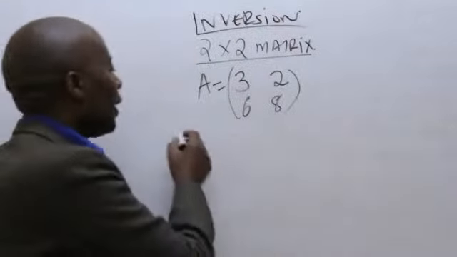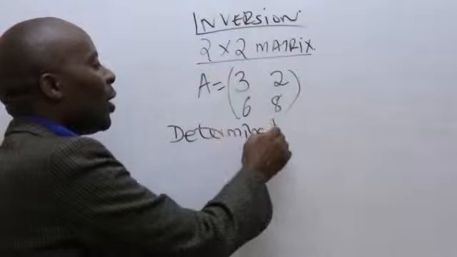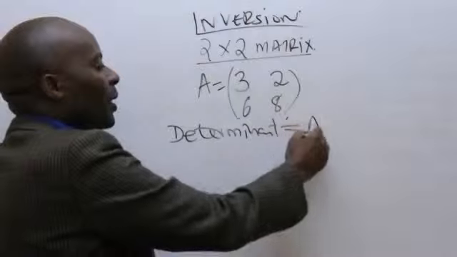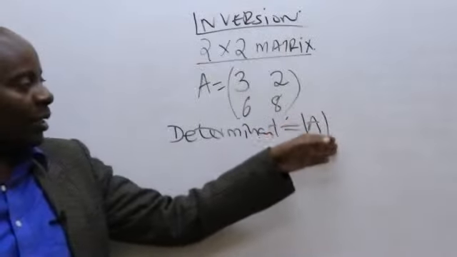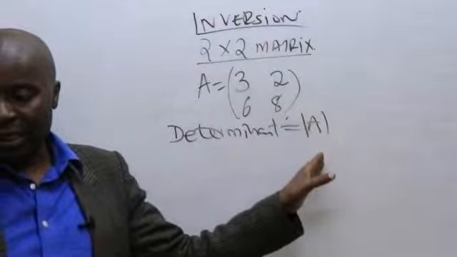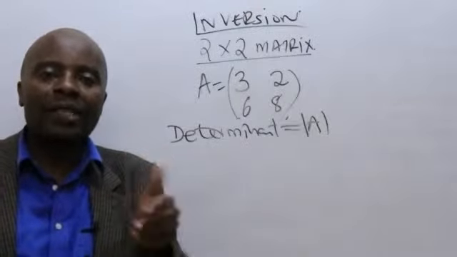The first step being you ascertain the determinant. And remember that our determinant is normally symbolized like that, A with these 2 parallel lines. You ascertain the determinant. Who can remind Mwalimu the formula of getting the determinant?